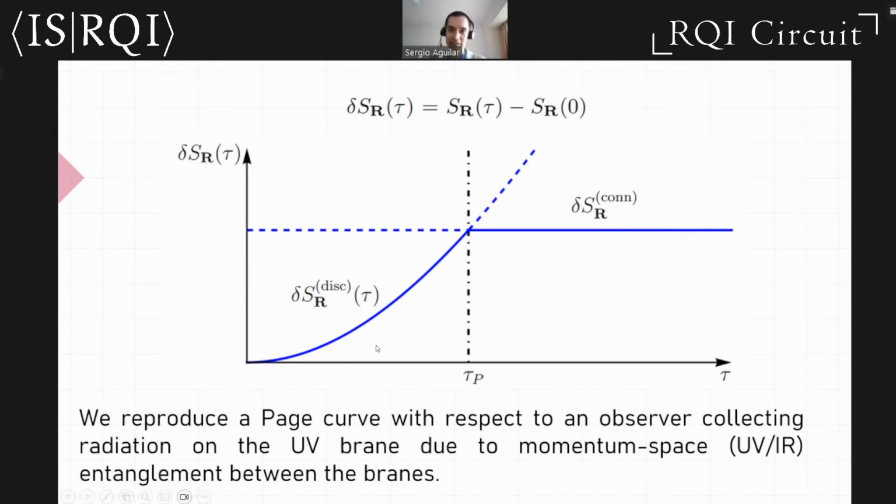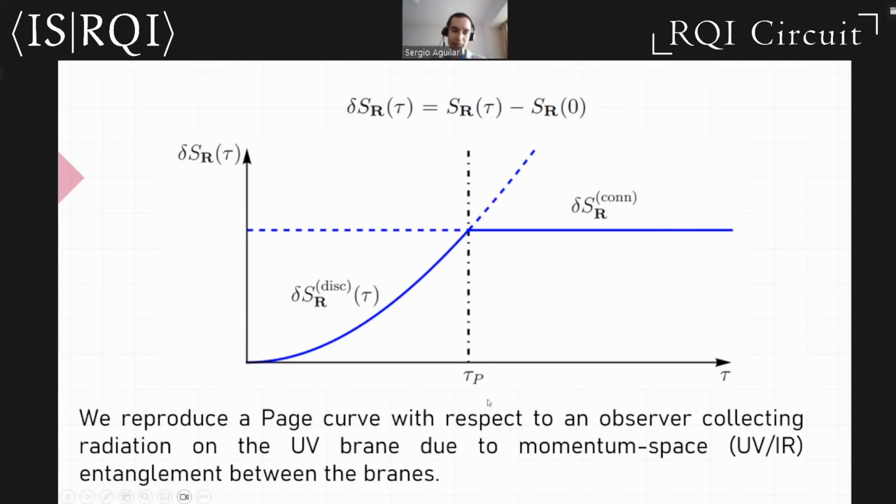Here I'm just plotting the different entropies you can find. This is for simplicity in the three-dimensional case. You can in principle recover something very similar in higher-dimensional cases, and then there is some phase transition at some particular time. You can find that this phase transition always occurs before the disconnected phase actually reaches the IR branes.